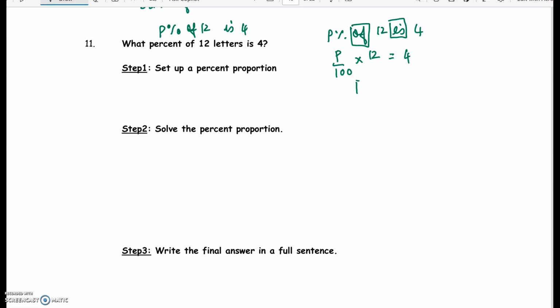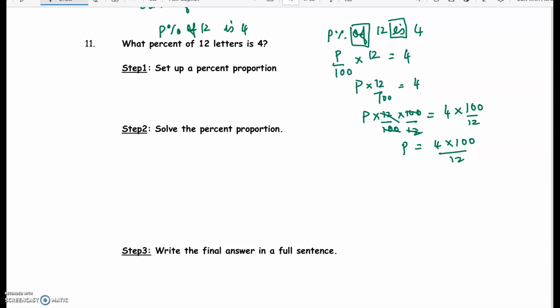So we have P times 12 over 100. 12 is in the numerator, 100 in the denominator. So how do we get rid of it? By multiplying with the reciprocal. Same as dividing by 12 over 100. You multiply with 100 over 12 on both sides. So 100 over 12. Cancel the 12s, cancel the 100. So P is equal to 4 times 100 over 12. And then we simplify it to get our answer.